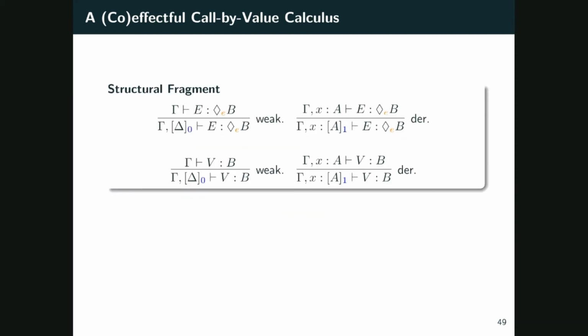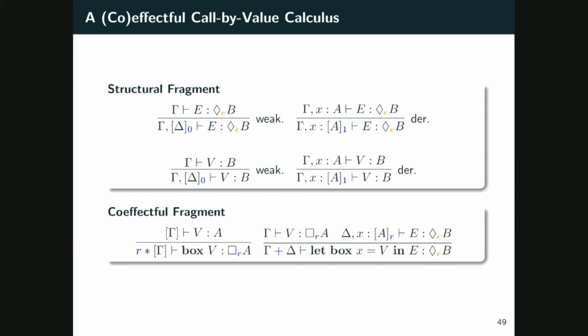And the new part, let's say, of the calculus comes from the structural fragment, where relying on the 0 and the 1 resource, we are able to perform weakening and dereliction, both on value judgments and computation judgments. And then, of course, we have the coeffectful fragment, whereby we take a value and we can box it, producing a value with capability.